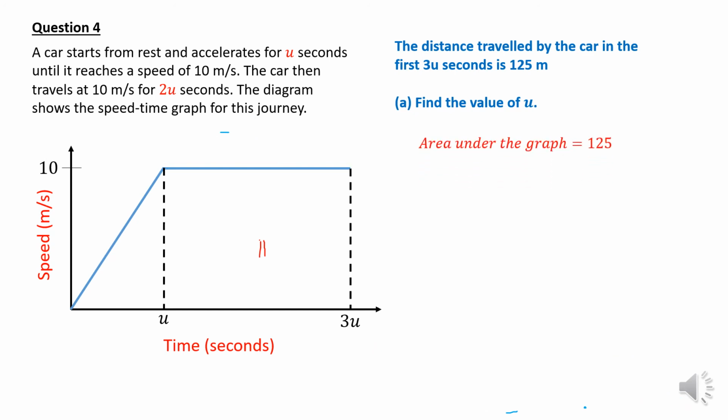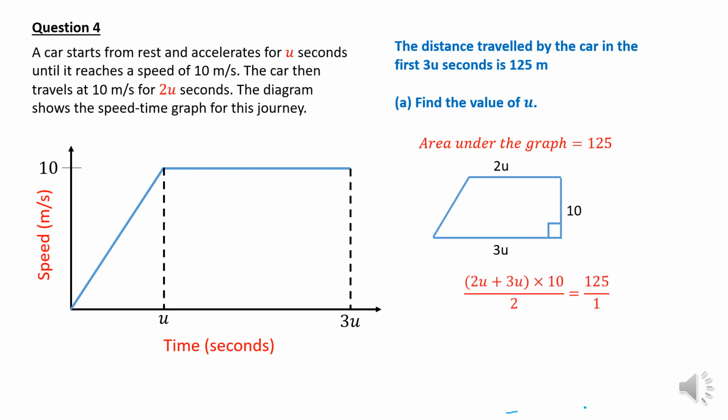So, the area under the graph. What I've done here is I just brought them in a small diagram so you can see. I know how to calculate the area of a trapezium: the sum of the parallel sides, which is 2u plus 3u, that gives you 5u, times 10 divided by 2. I wrote that over 1, so cross multiply, you can do that. 125 times 2 is 250.